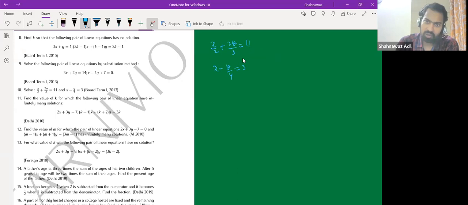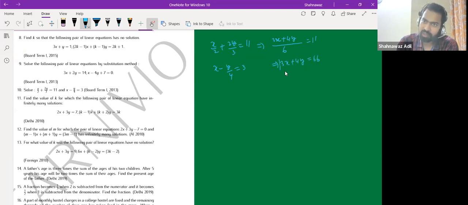To solve these equations by substitution method, we can first simplify. The LCM is how much? The LCM is 6. So 3x plus 4y, and this is 11 times 6, so 3x plus 4y equals 66.